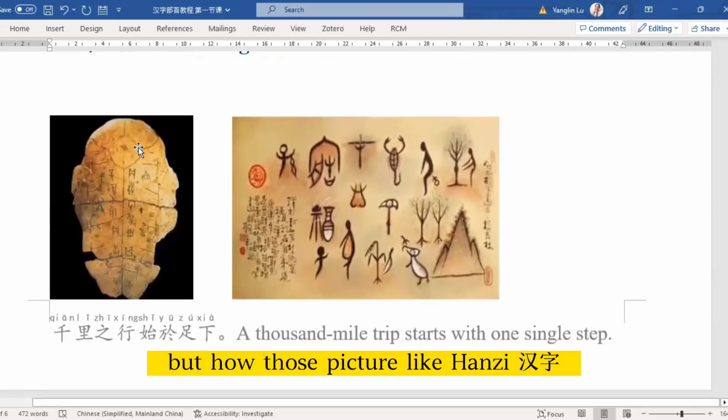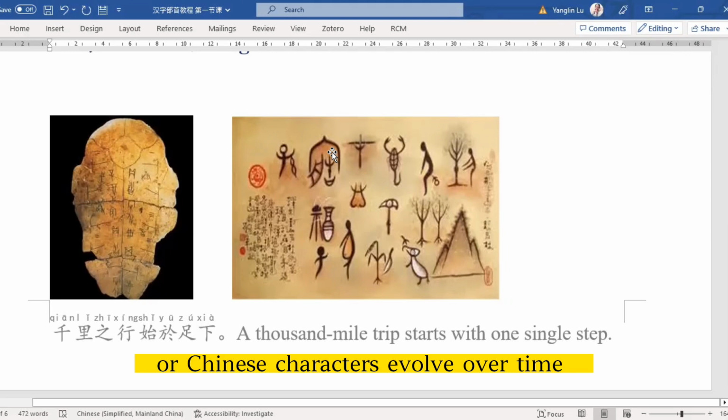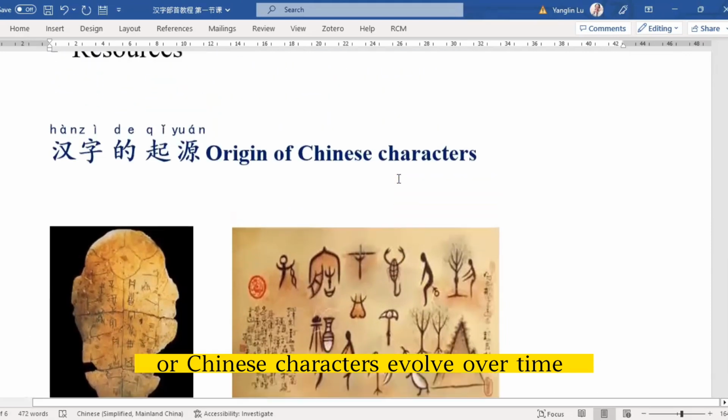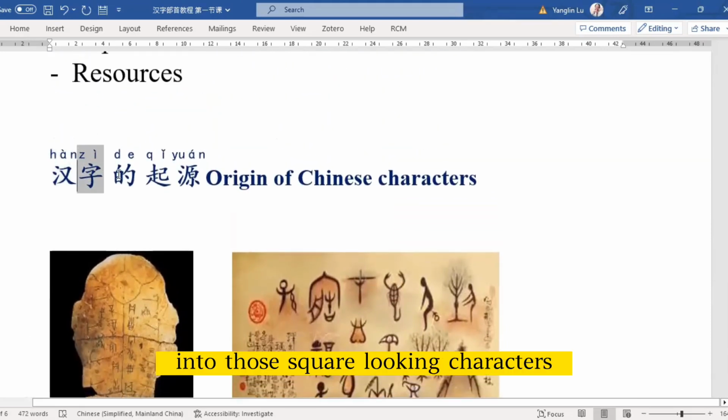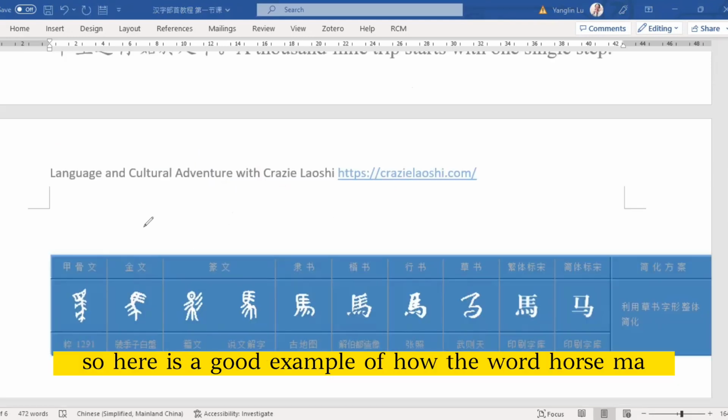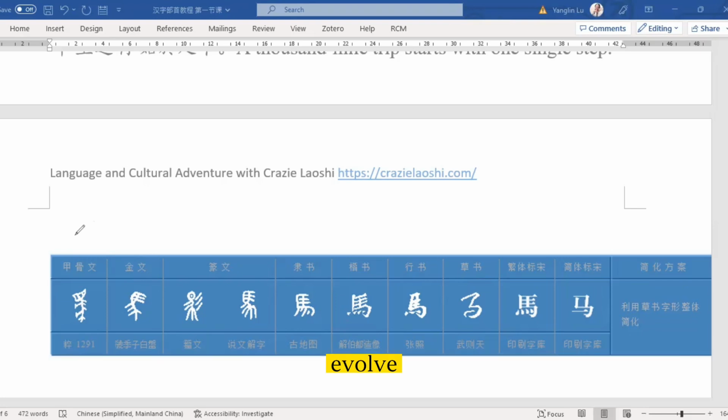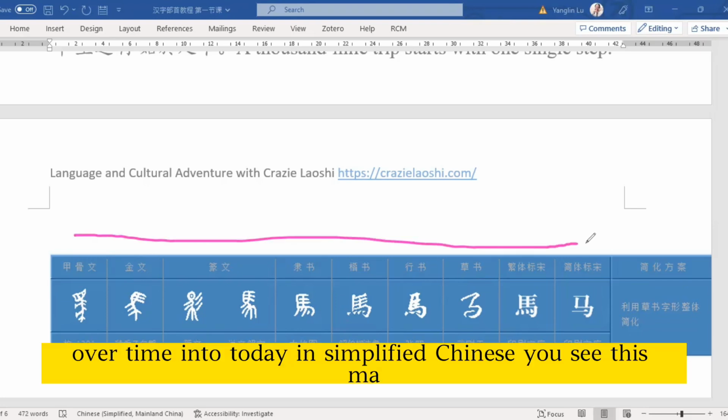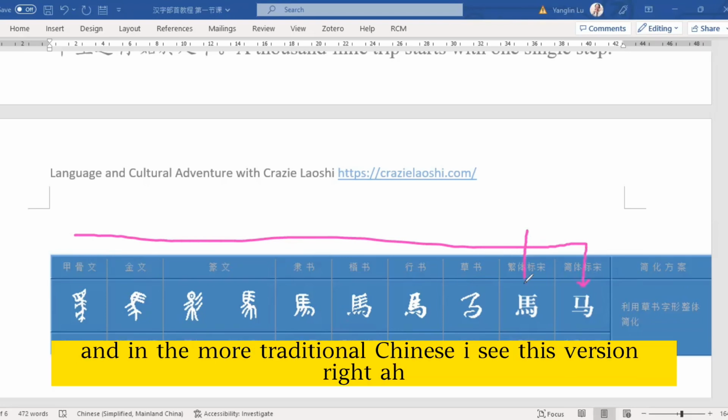But how did those picture-like Hanzi or Chinese characters evolve over time into those square-looking characters? Here is a good example of how the word horse, 马, evolved over time into today. In simplified Chinese, you see this 马, and in more traditional Chinese, you see this version.